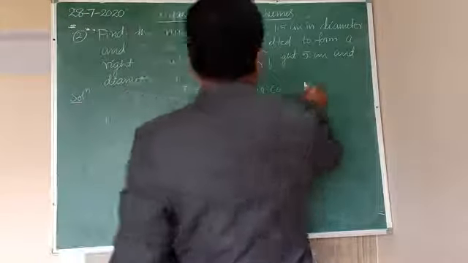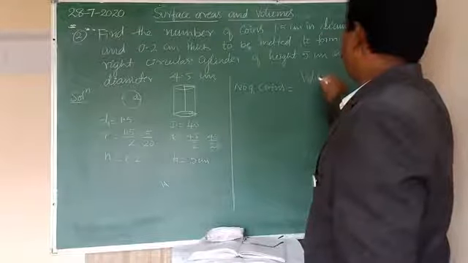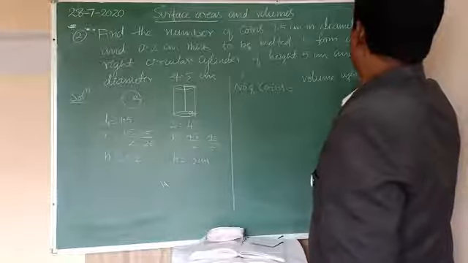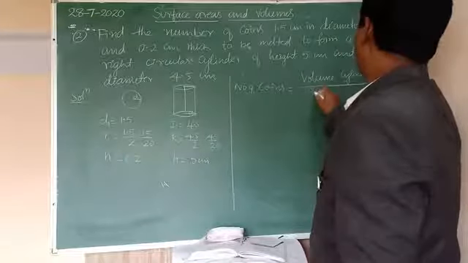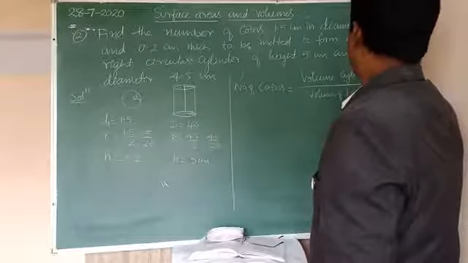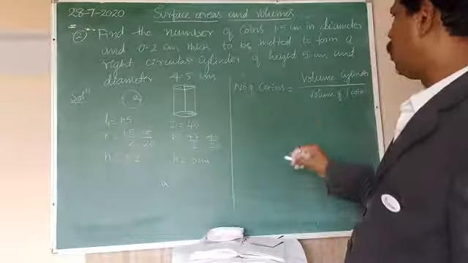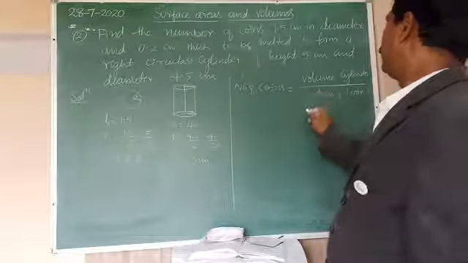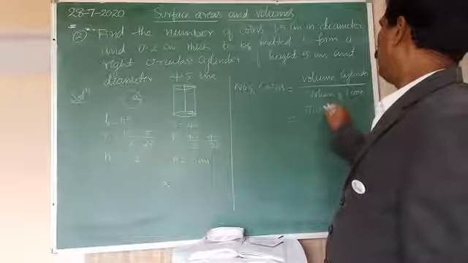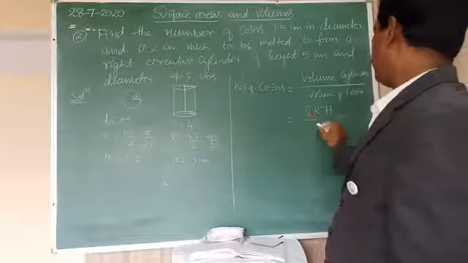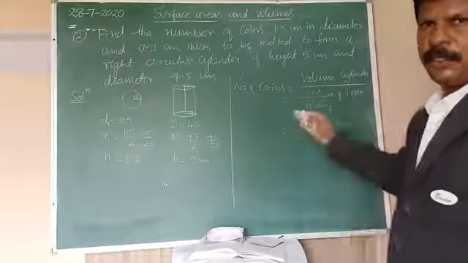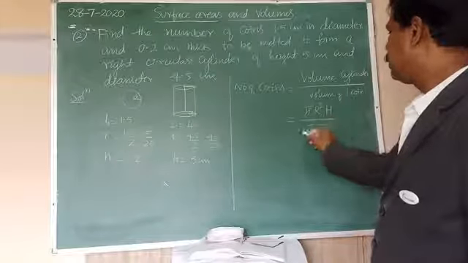So number of coins is equal to volume of cylinder by volume of one coin. So volume of cylinder is what? Pi r square h divided by, here is pi r square h. Are you understood this? Here you can cancel this pi.